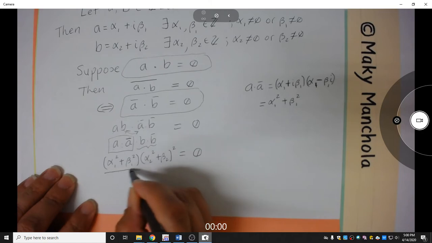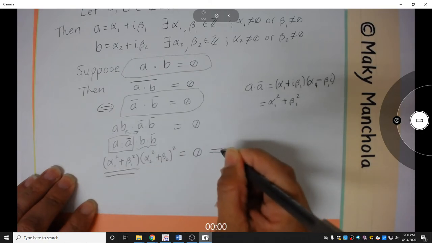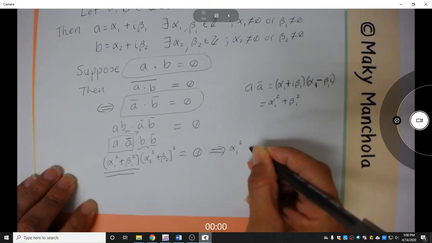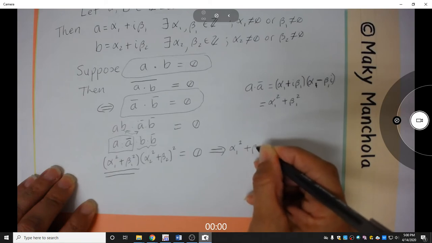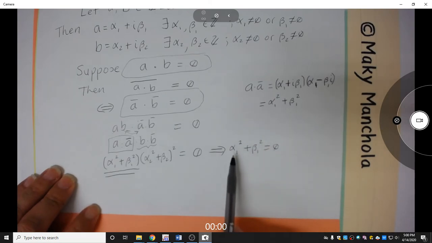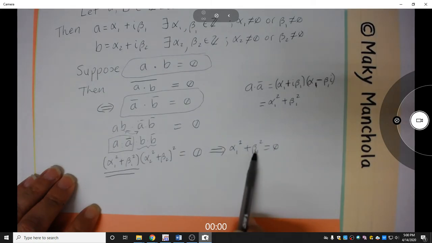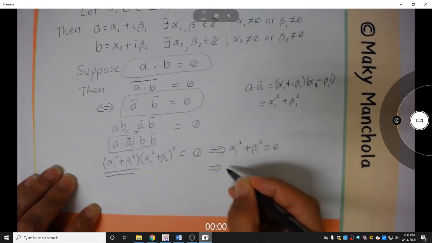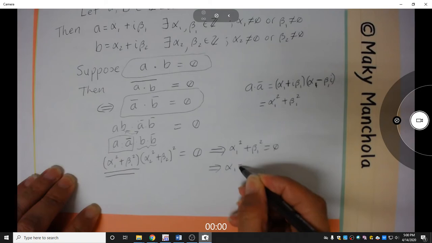So without loss of generality, let's say that it is alpha 1 squared plus beta 1 squared that is 0. What does this imply? If you're squaring an integer and another integer and you're adding the results and get 0, that forces each of the integers to be exactly 0.